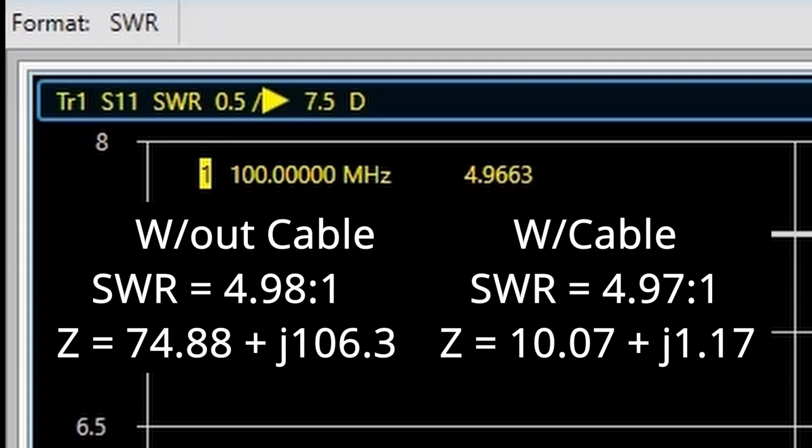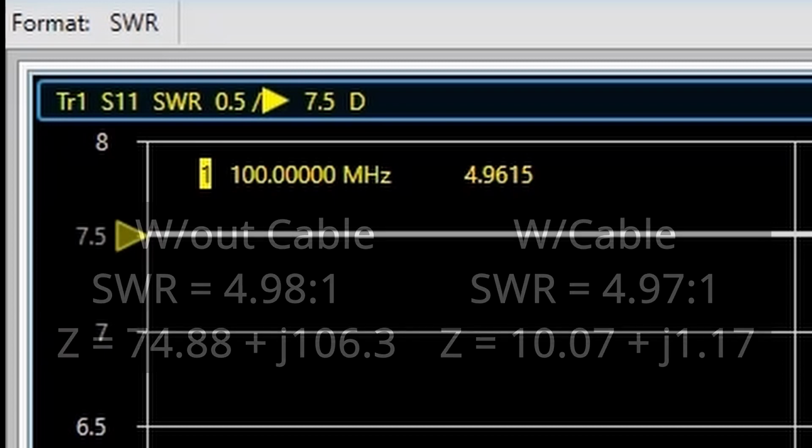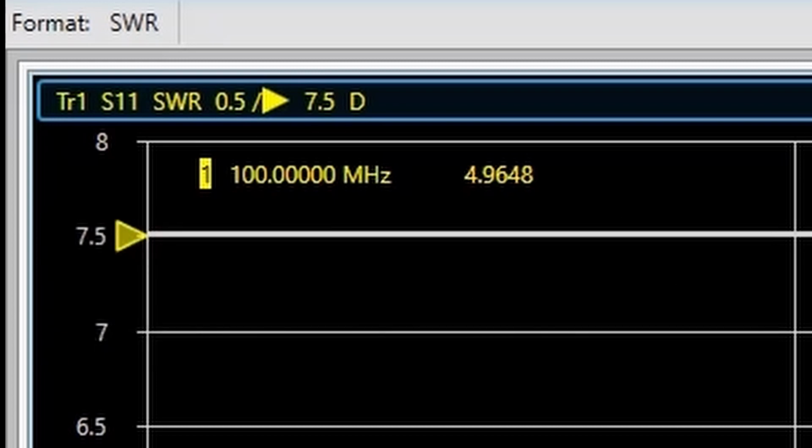So that is our little demonstration of how impedance changes with the addition of coax in your system. So there you have it. The basics of transmission line stuff that you need to know to effectively use the Smith chart.